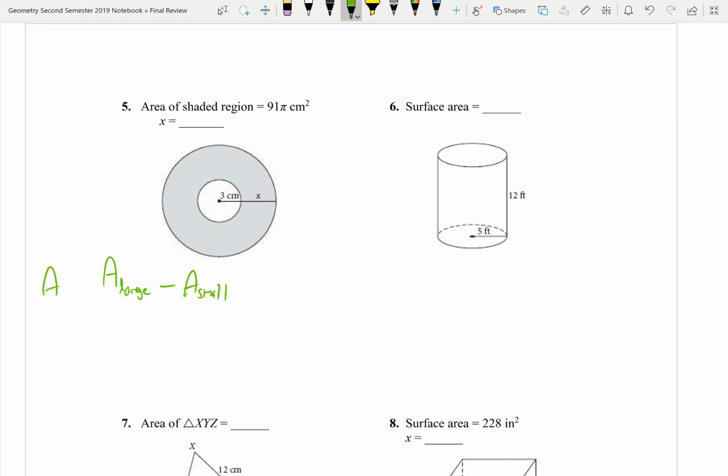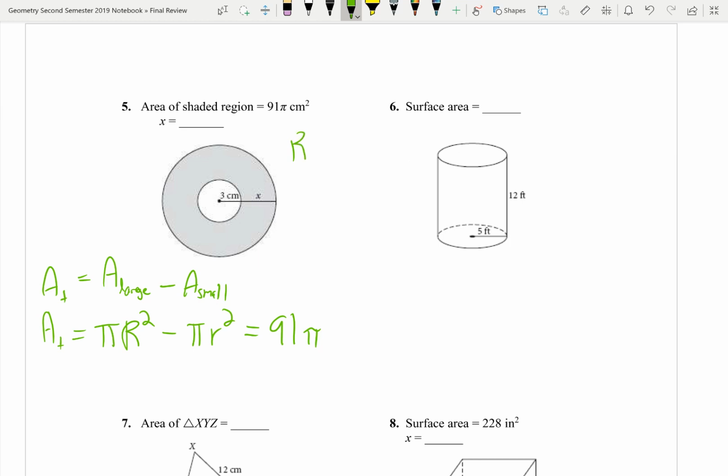And that's going to be the total area. Well, so the total area is the area of the large, we'll just call it pi R squared, minus pi little r squared. And that's going to equal 91 pi.